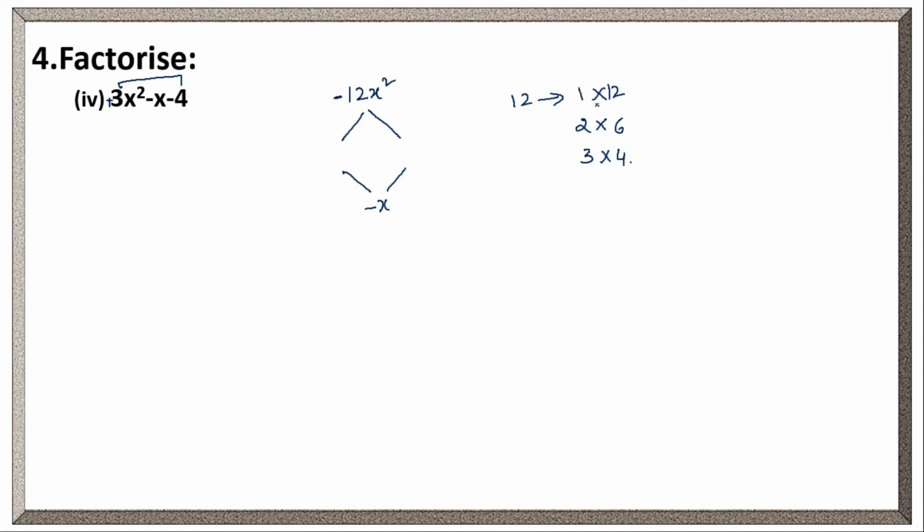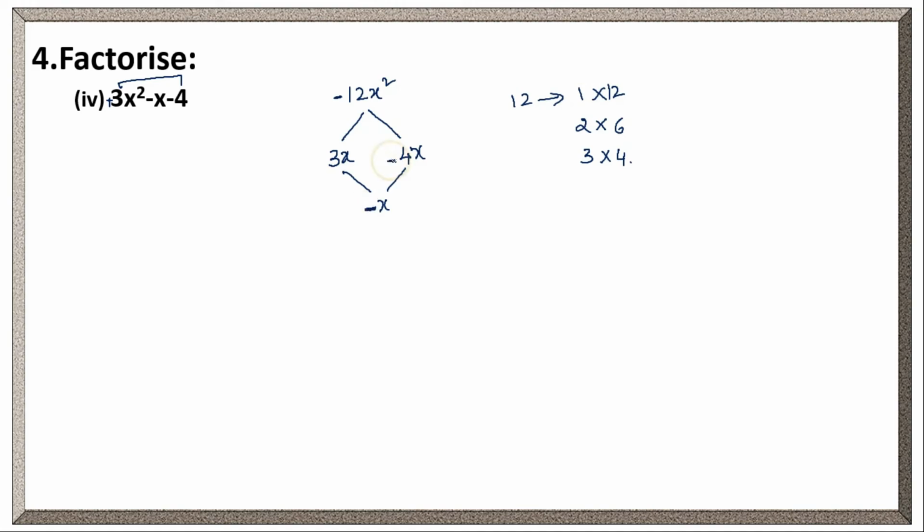If I take this combination, will I get minus x? No, no way to get minus x. 2 and 6, if I add or subtract, I won't get minus x, minus 1, that means. 3 and 4 if I take, the sum will become 7, but the difference is 1. So we can take 3 and 4 combination, 3x into 4x. So here minus, right? Middle term sign is minus.